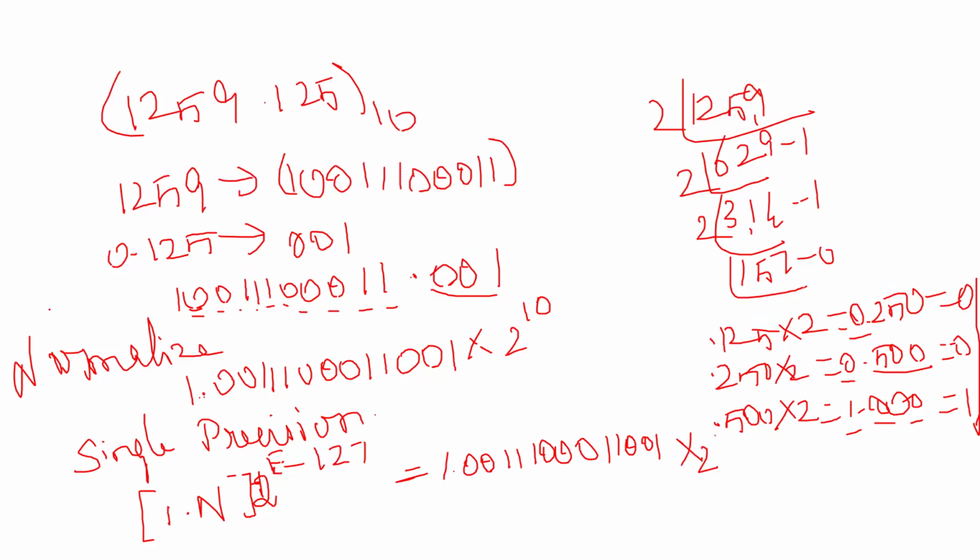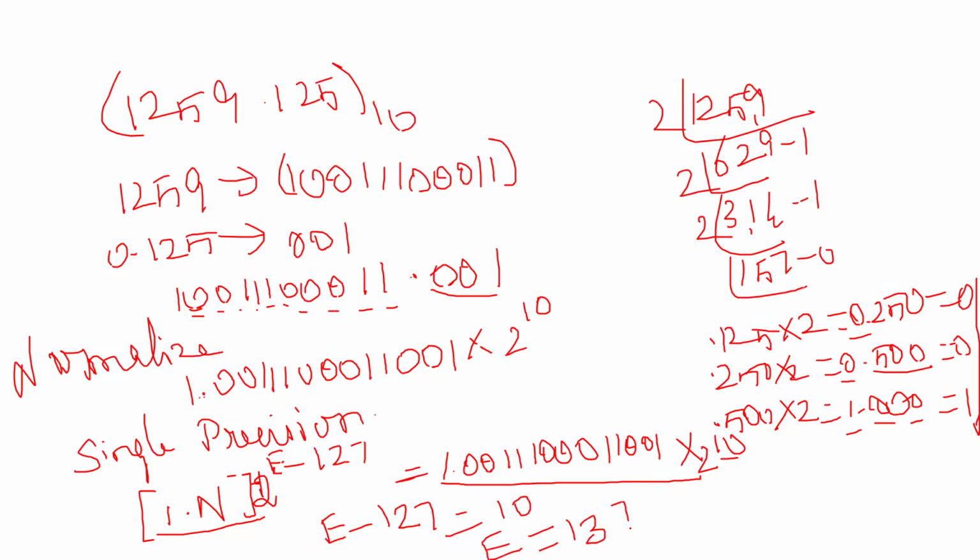This is the meaning. Now you can see 1 point n, and this is 2 power the same thing here. Now we have to take that power value only. So e minus 127 equals 10. So I am taking 10, so e equals 137. I am going to erase this one, it will be easy to work out.